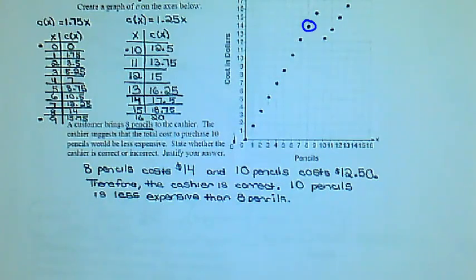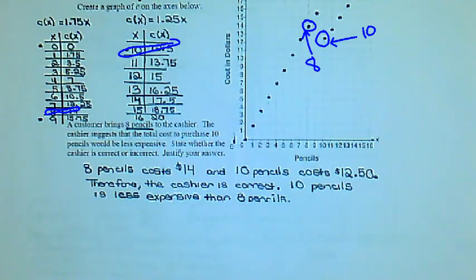So this would be 8 and 10. So you can clearly see that it's lower. This would be for 10. Again, you can look right here as well. And where's 8? 8 is right here.